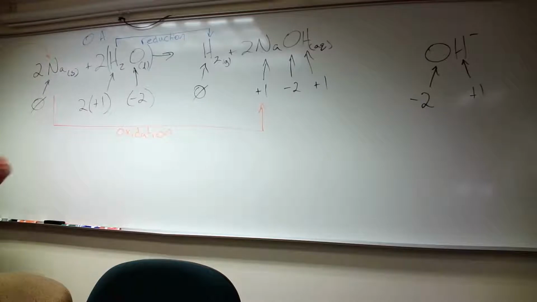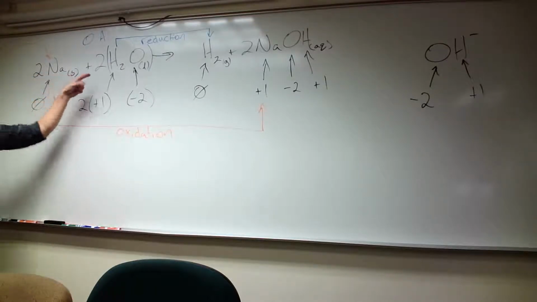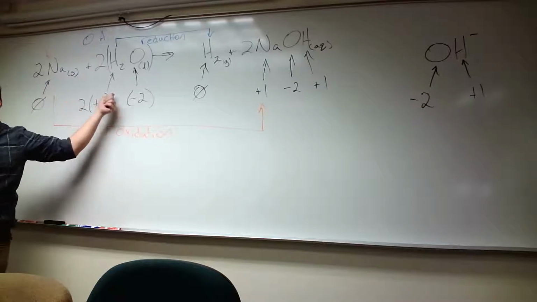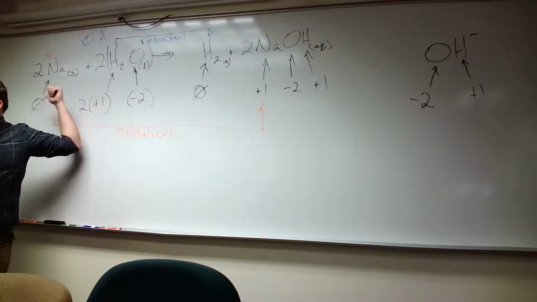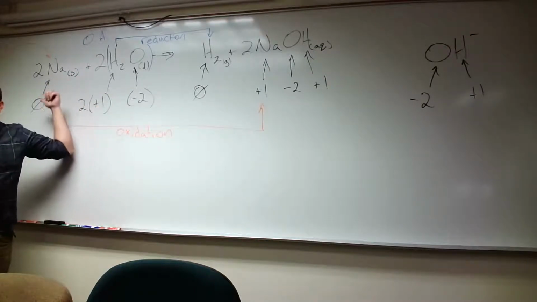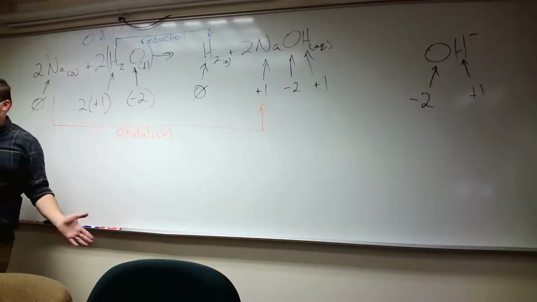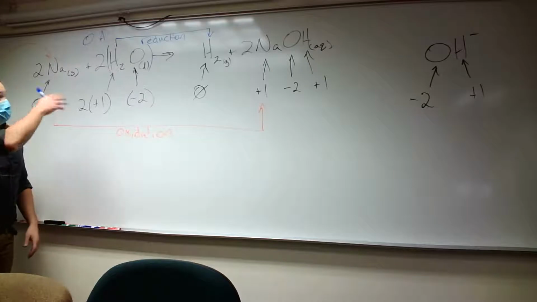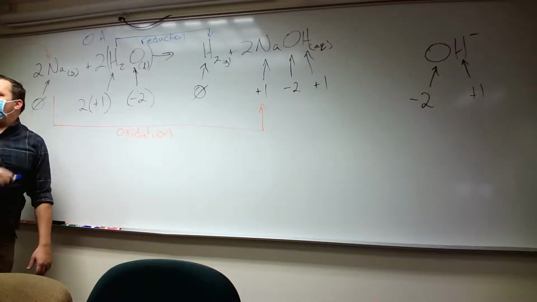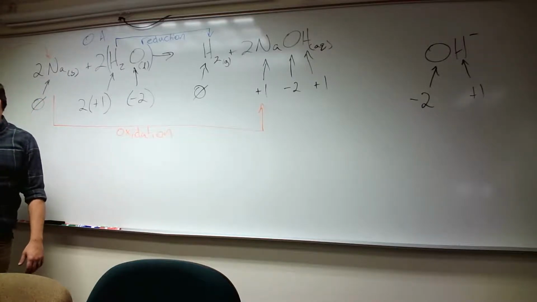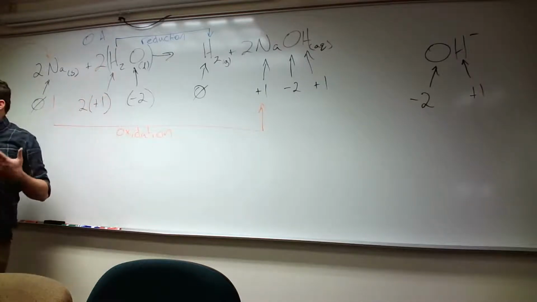Even though it's really just the hydrogen part of the water that's doing the oxidizing, those are the 2 chemicals that we would mix for this to happen, water and sodium. So that makes sodium the reducing agent, and water the oxidizing agent. We could get more granular and say the part of the water that is reduced is the hydrogen, but because they're together, we would just say the whole compound.